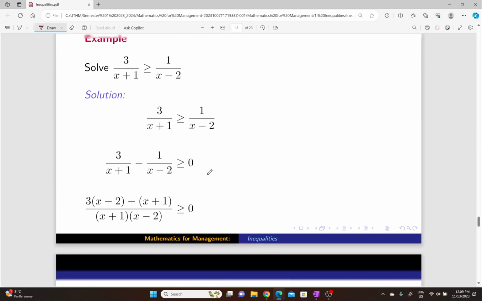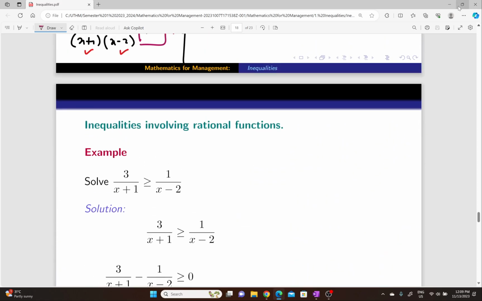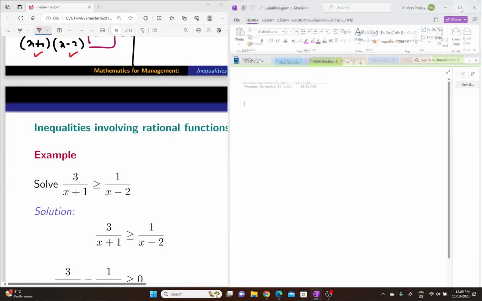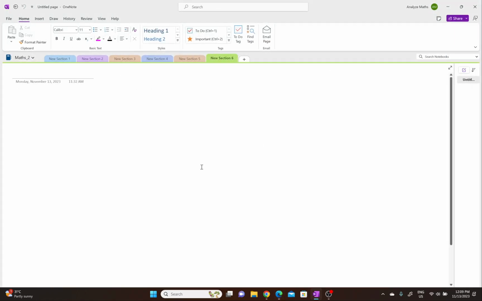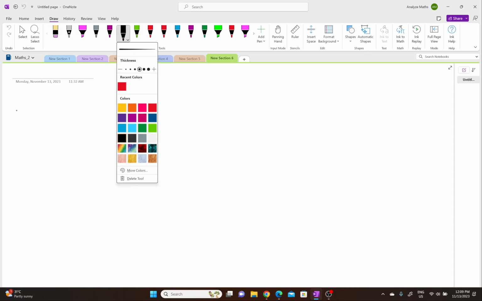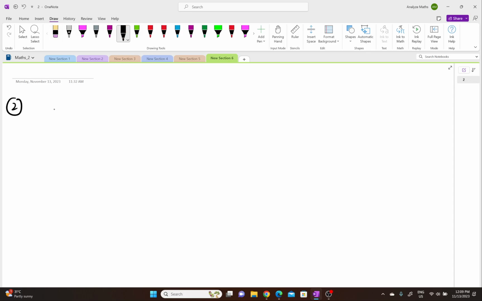Let me do one more exercise for rational function, which is not here. Let's say the function is like this, a rational function. What to do?